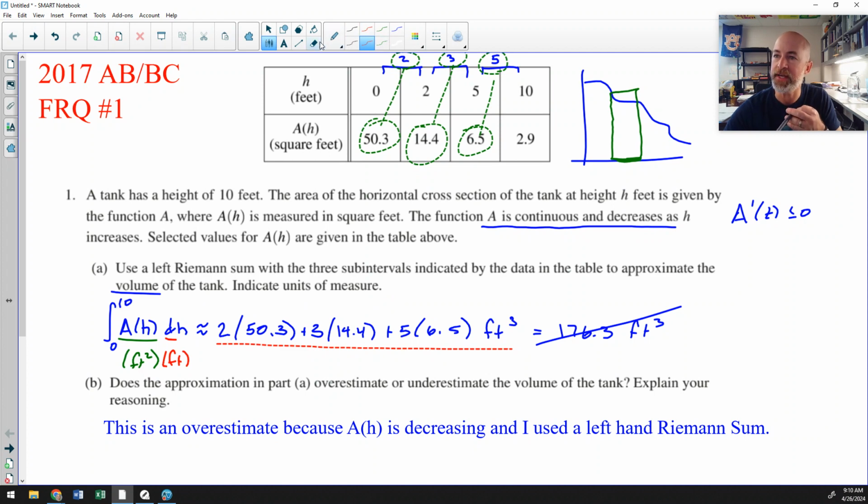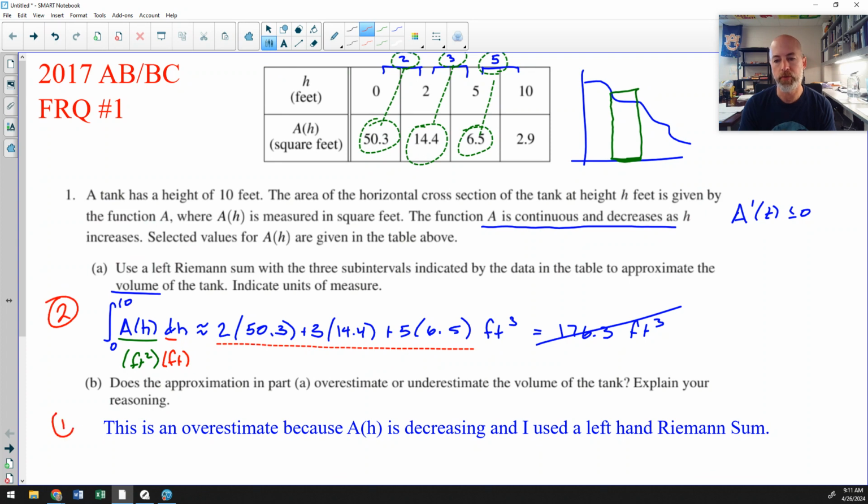The units actually were kind of a separate point if you maintained correct units, because parts A, C, and D all asked for units. And if you included correct units for all three of those, you got a point. So it wasn't 1 point per question. It was 1 point for maintaining correct units throughout the problem. Part B, you must have answered overestimate with a good reason. That was just a 1 point question. So A is worth 2 points.